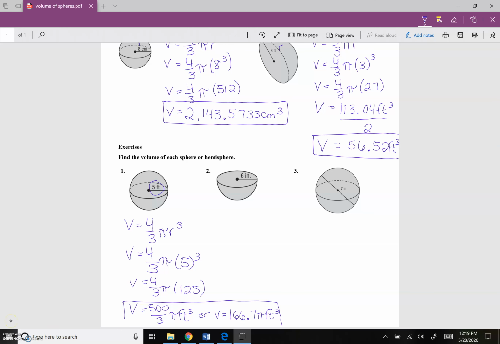Number 2 is just like our second example. Start with your equation. Our radius from the image is 6 inches. So we'll plug that in. And we're going to do our exponents first, which would give us 216.